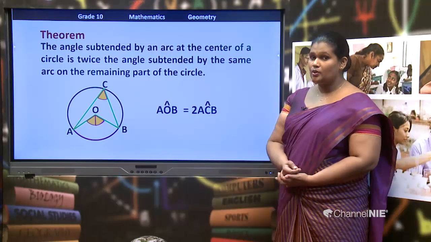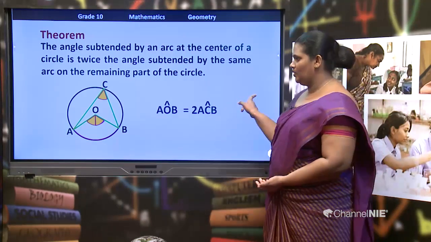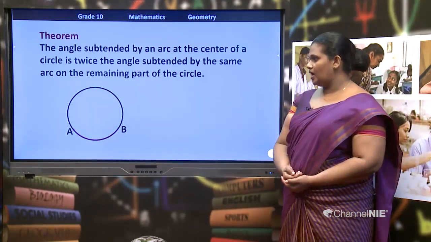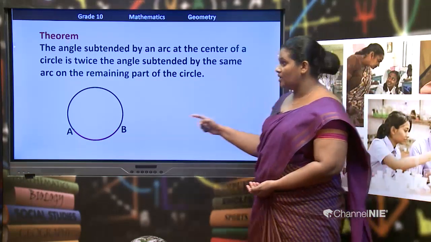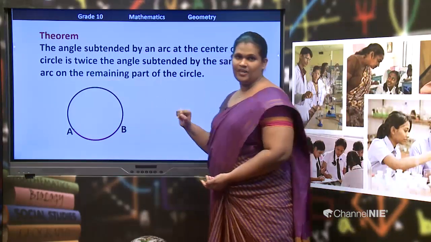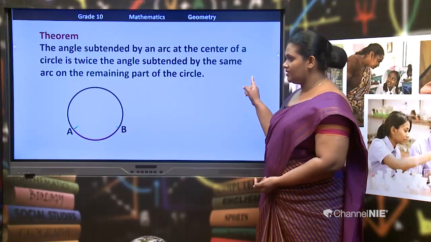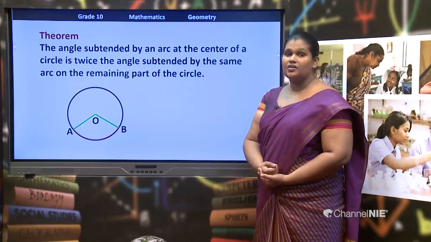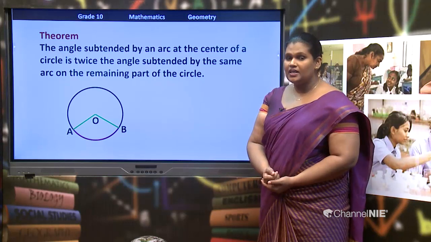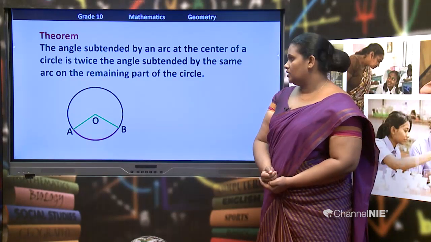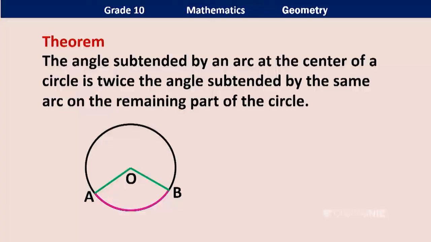In this occasion, we have considered the minor arc AB. Next, we will consider the major arc AB. This time, I am considering the major arc AB. Now, what is the angle subtended at the center of the circle by the major arc AB? That is the AOB reflex angle. This time the remaining part of the circle can be considered as the AB minor arc.